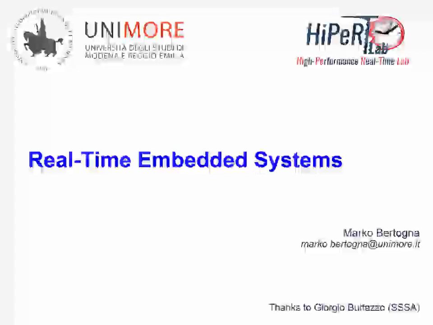How is this delta? How does this delta affect my control performance? Real time means that the system time shall be synchronized with the environment time. We do not have a virtual time here. We really need to be synchronized with the real time.